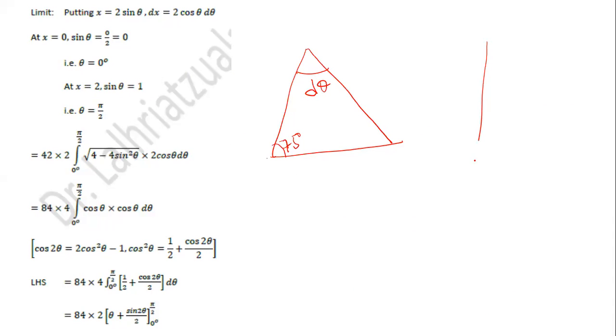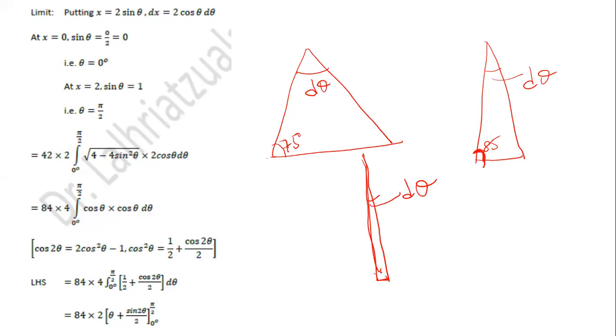If d theta is smaller, this angle will now become, let's say, around 85 something. But if you make this angle very, very small, this d theta is a very small angle. So if you consider this angle here or this angle here, they are approximately 90 degrees. They are close to 90 degrees.